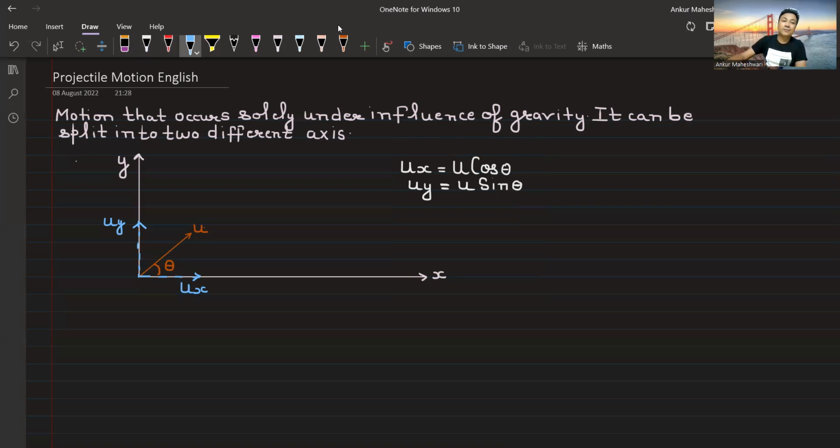Okay. Now, another point is that we have considered a frictionless environment.